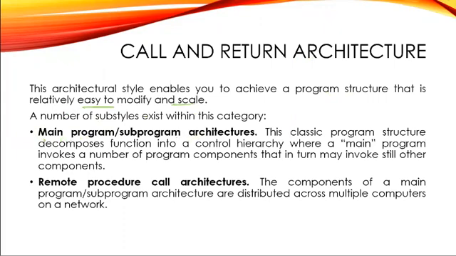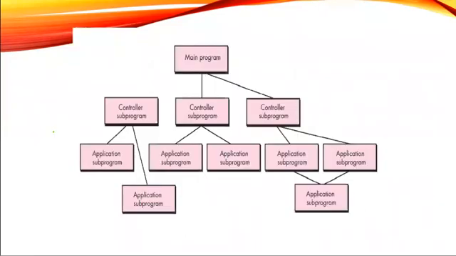Now what happens within a main program, subprogram architecture? Suppose you've got a main program and that main program invokes another program or a set of other programs that are going to invoke other programs, that is called your main program subprogram architecture. Within this diagram we can see you've got the main program. This main program has a controller subprogram, that is, it is invoking another program, your control subprogram.